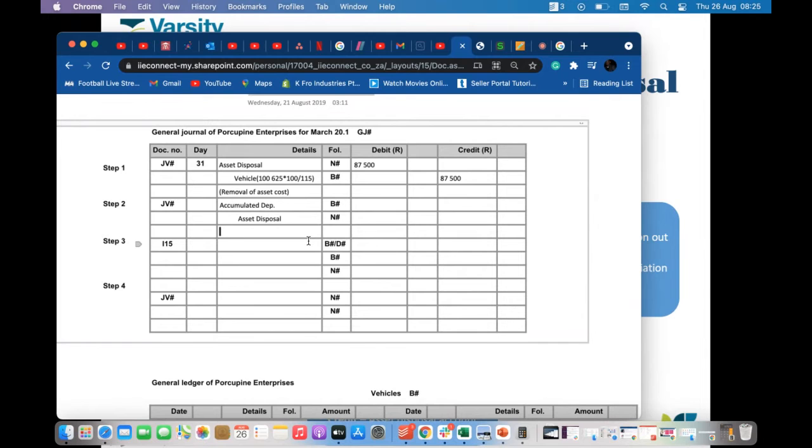Here again, you can say transferring accumulated depreciation to asset disposal. This is becoming too long.